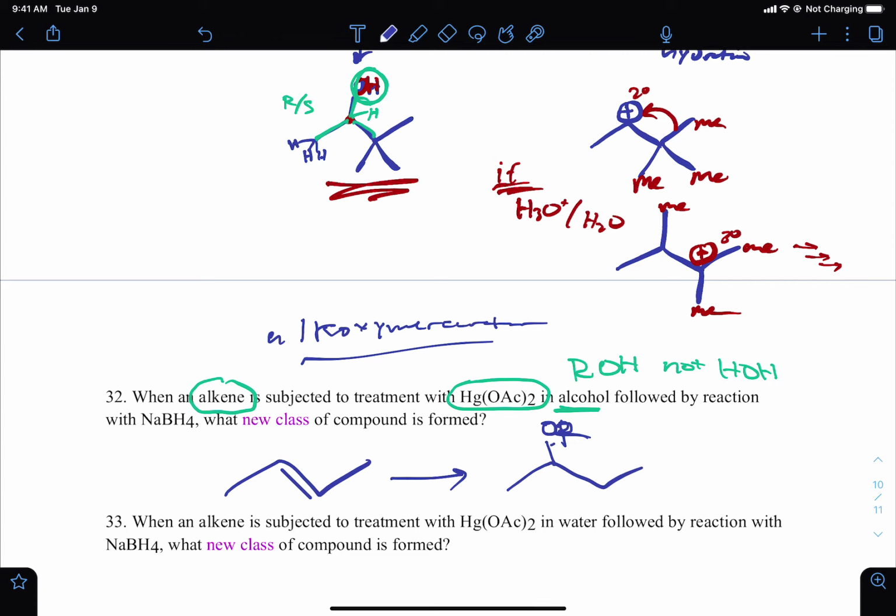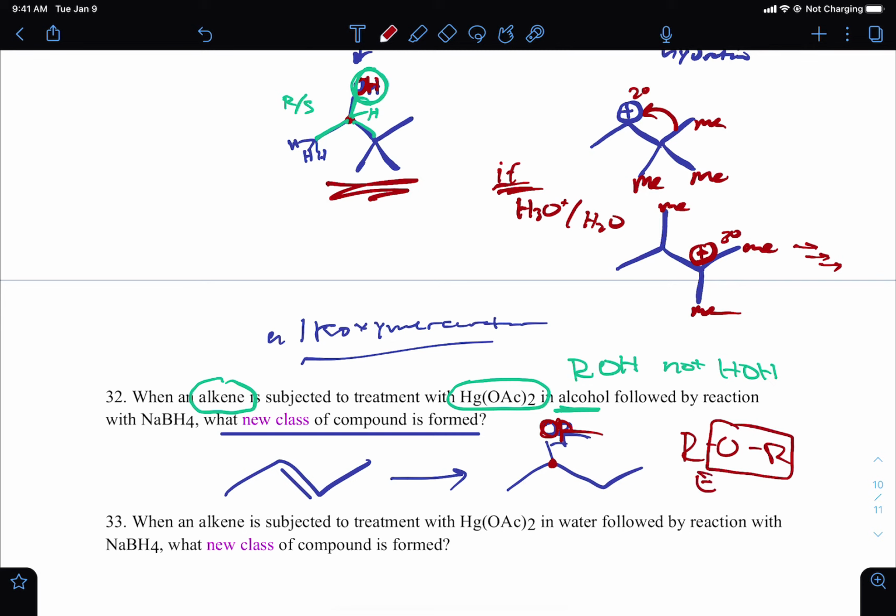And what this is asking, what class of compound do we make? It's an ether. It's a carbon connected to an oxygen connected to a carbon in the R group. So it's ROR, where we're adding the OR group. Okay, so that's an ether. That's called alkoxymercuration.